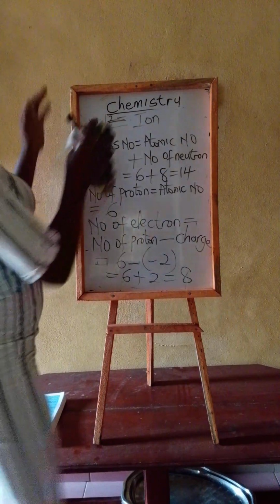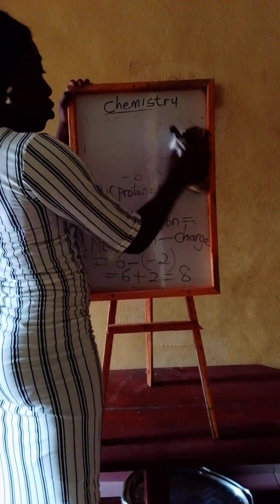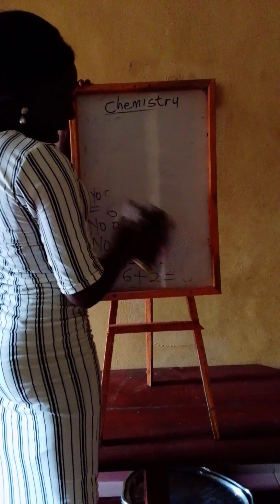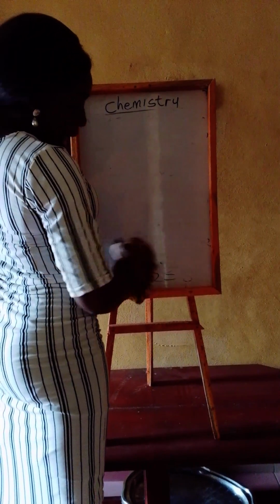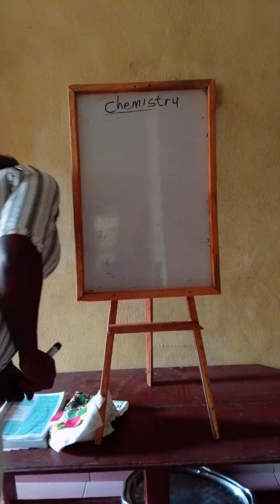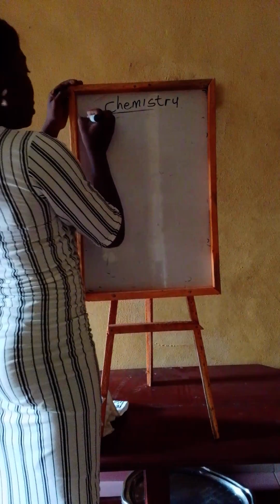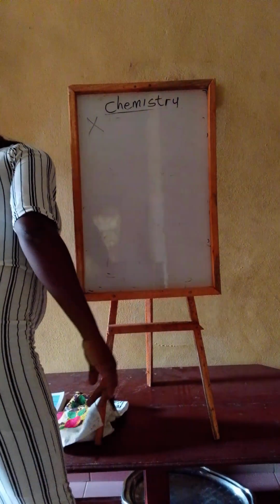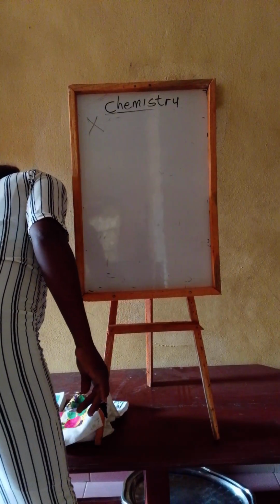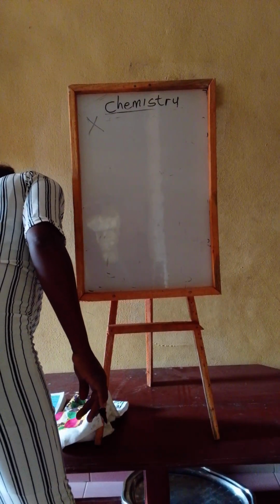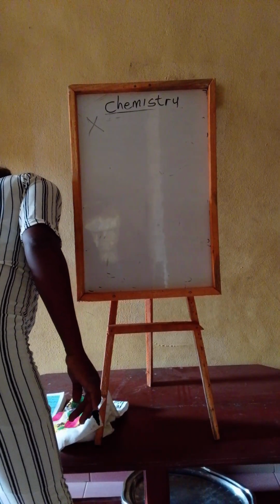We'll take another example. We have X. The mass number equals 25, and we have to find the atomic number.